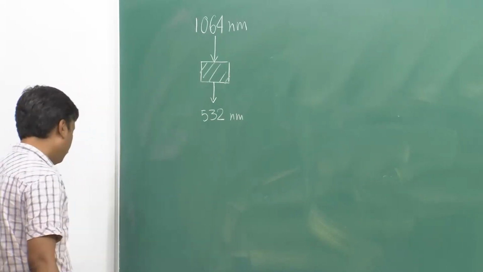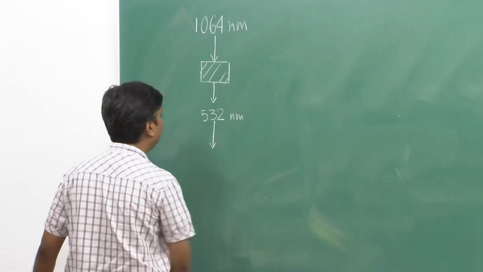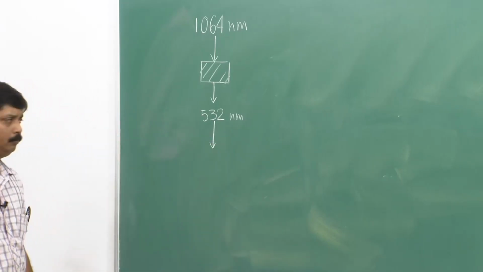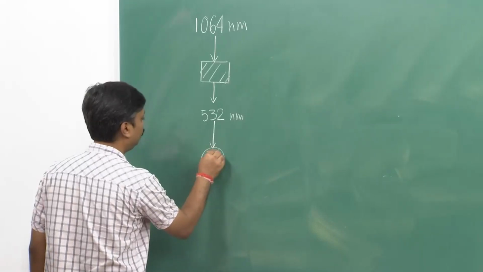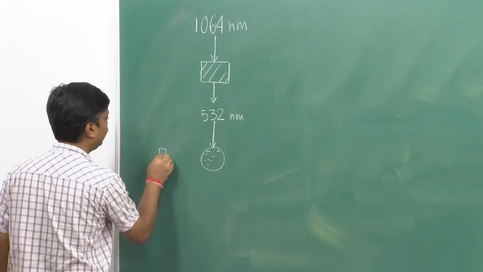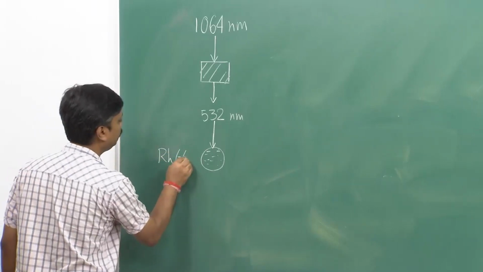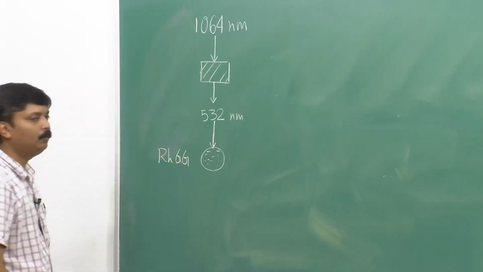Now, if I send this 532 nanometer through a dye solution, say for example, I take rhodamine 6G, then what will happen?